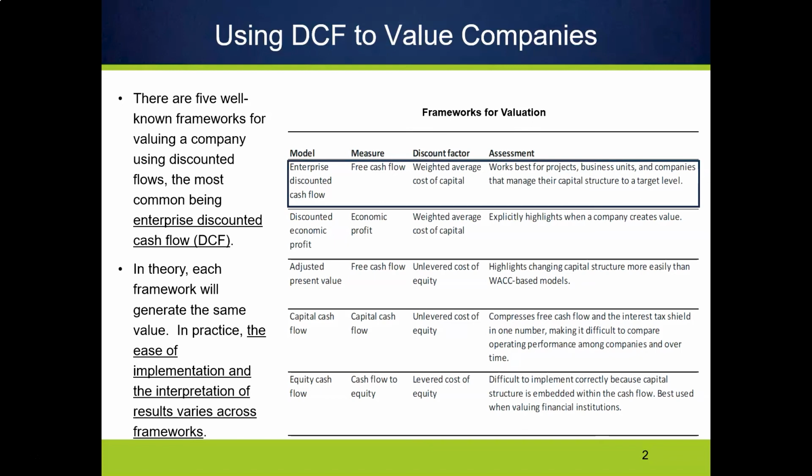Okay? In theory, all of these models should give us the same general answer, right? So if we were going to be as thorough as we possibly could, we could try to value a company using one or more of these models, or all of these models, and see how closely related the estimate of value that each of these models gives us is, right?